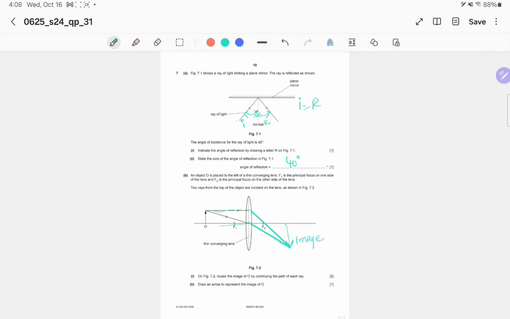You will get a straight line for the second ray which passes through the center of the lens, and from the top it bends here and passes through the F2 point. So this is the image you will get. You should draw the arrow for the ray of convergence this way. Both bend here and come here.